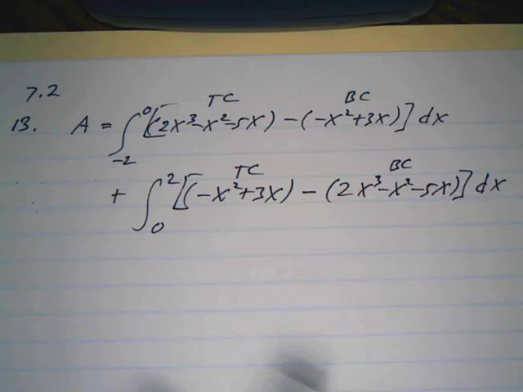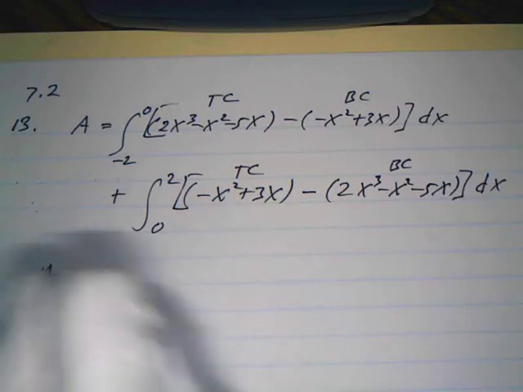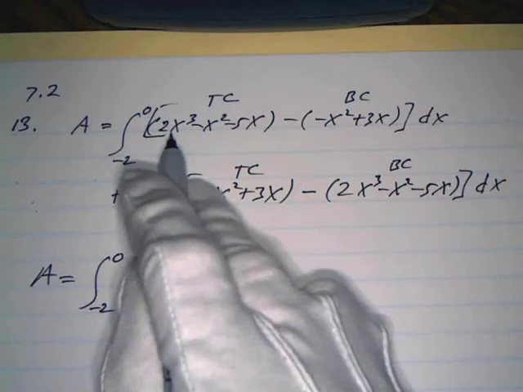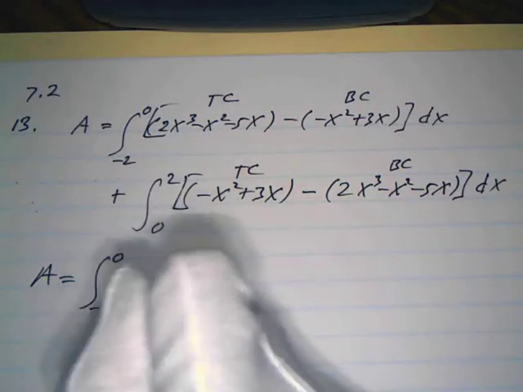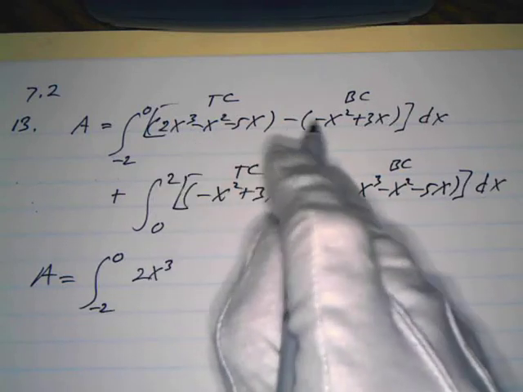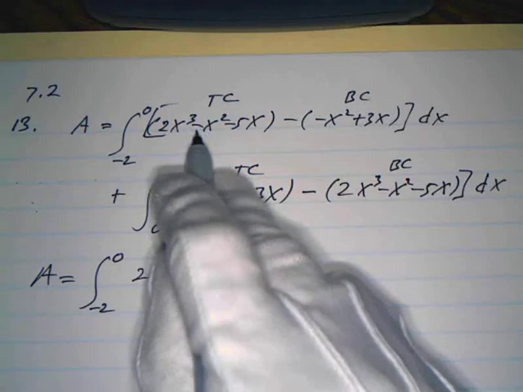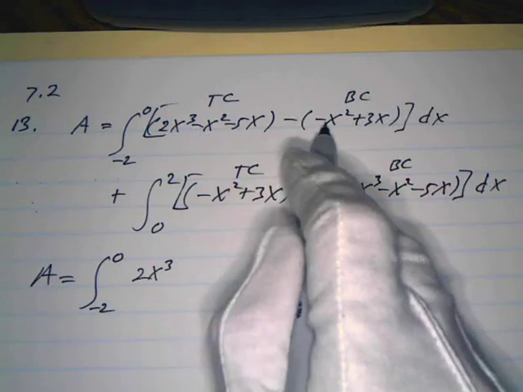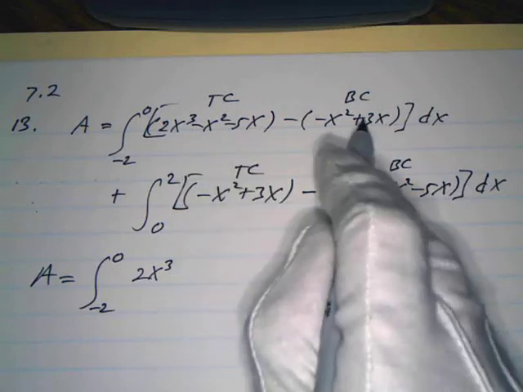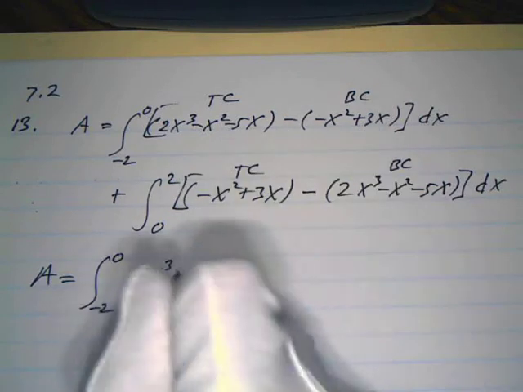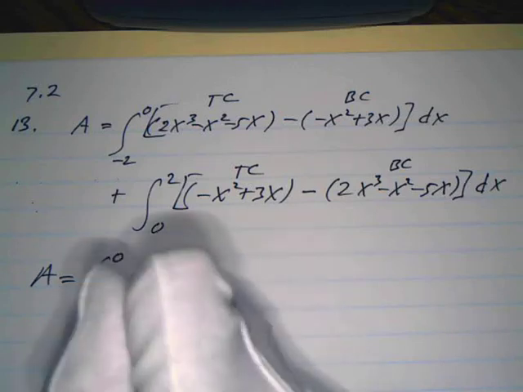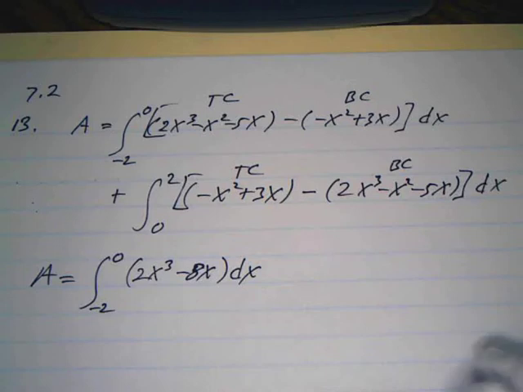Now we can simplify both of these. So area equals, my negative 2 to 0 integral will simplify. I've got the 2x cubed, but a negative times a negative is a positive x squared, so a negative x squared plus x squared, they cancel. And negative 5x and negative 3x becomes negative 8x dx.